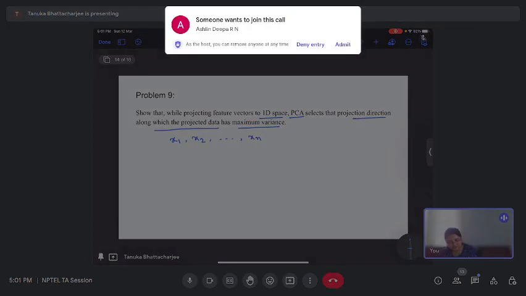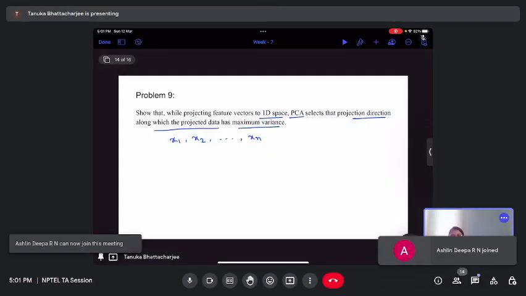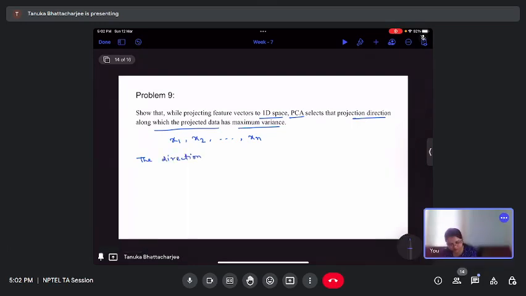Let us say the direction along which the projected data has maximum variance be E. So, this is the unit vector, let us say, along which the projected data has maximum variance.